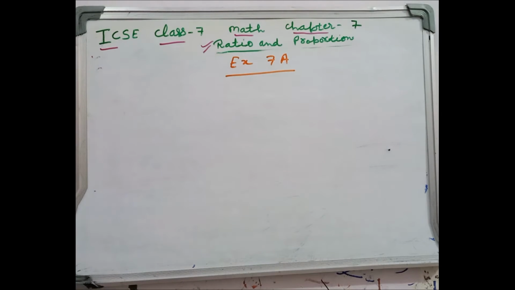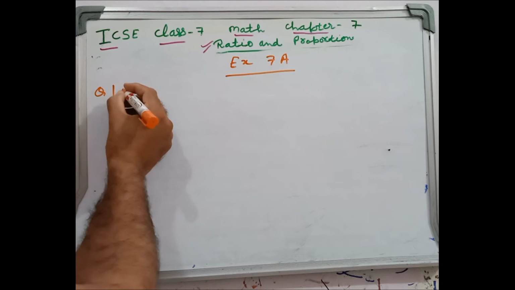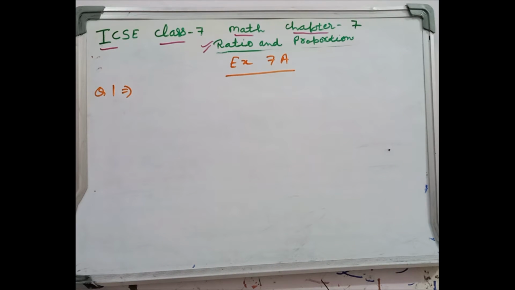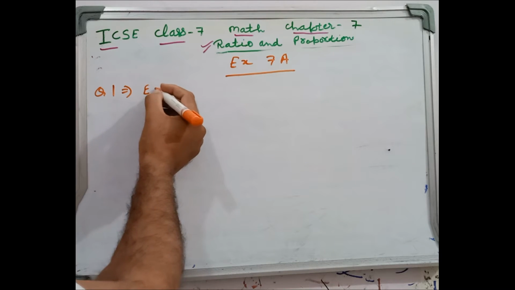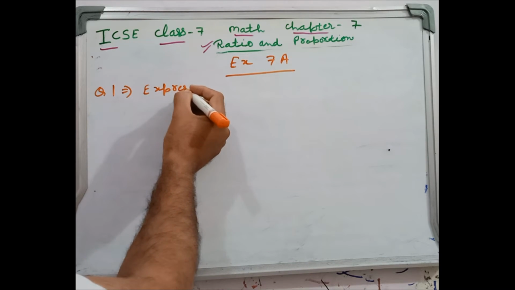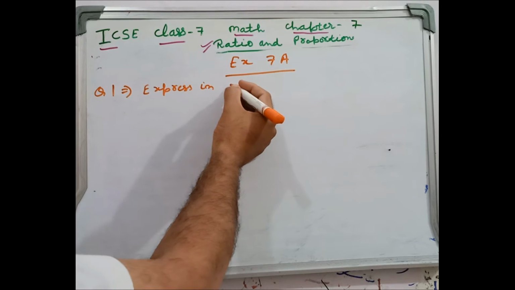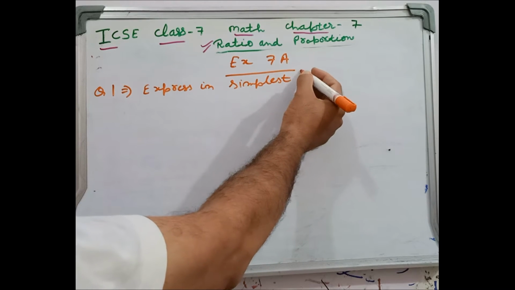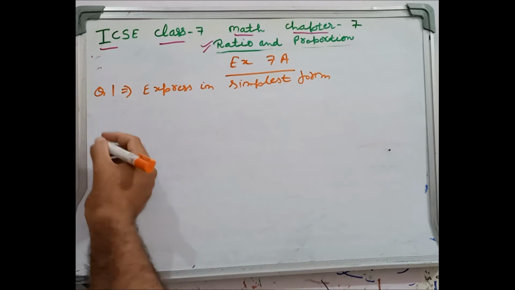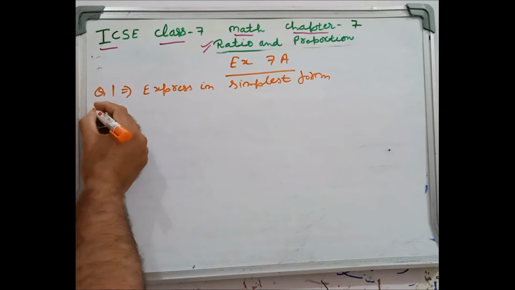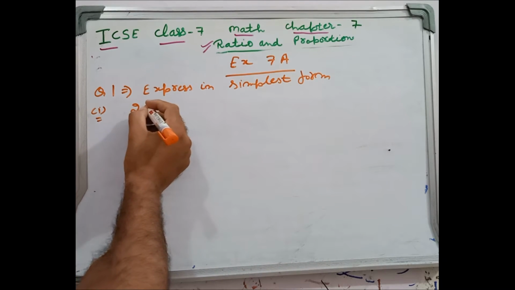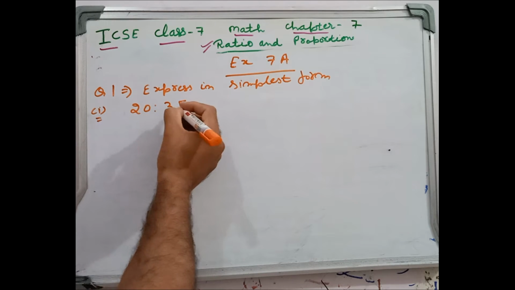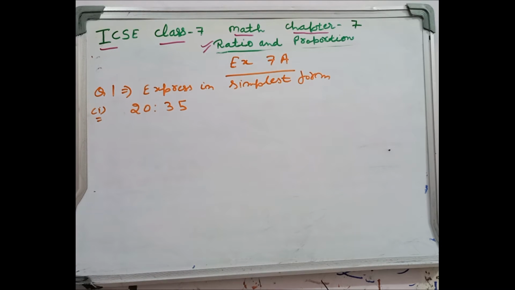Its first question is: express in simplest form. The first part is 20:35. As I have dictated earlier, we have to make changes in its simplest form.